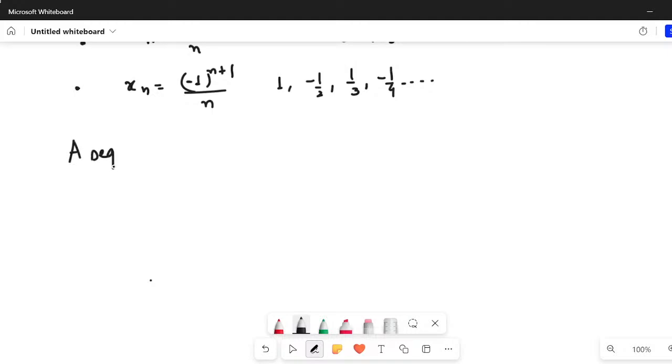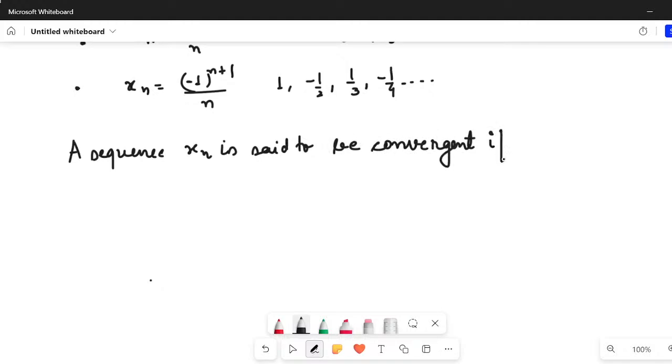A sequence xn is said to be convergent if the limit of the sequence xn exists uniquely.